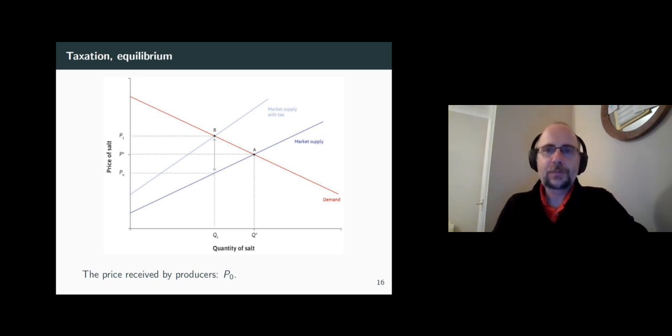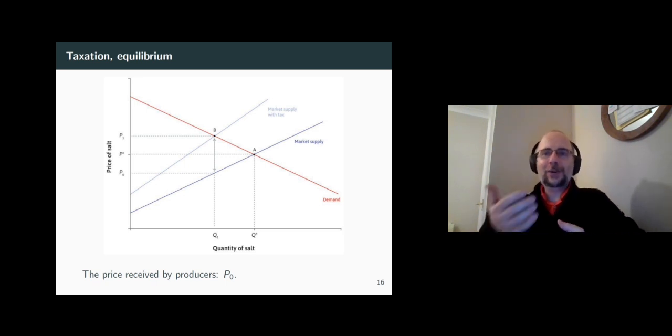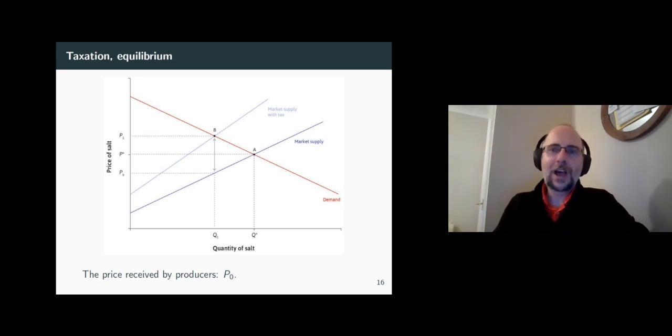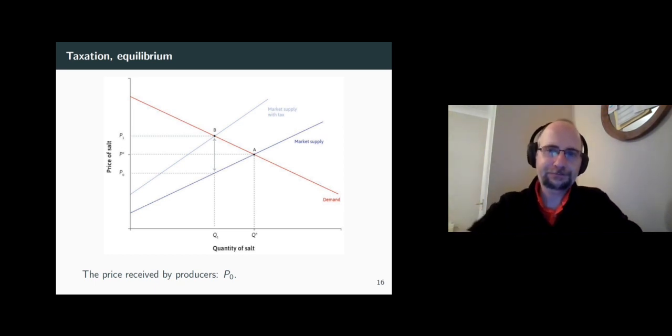Why P0? Well, P1 represents the new price, and the difference between P1 and P0 is the amount of the tax. It is the increase in the old supply curve due to taxation. So, what the firms get is located back on their original supply curve, while what the consumers pay is located on the new supply curve.